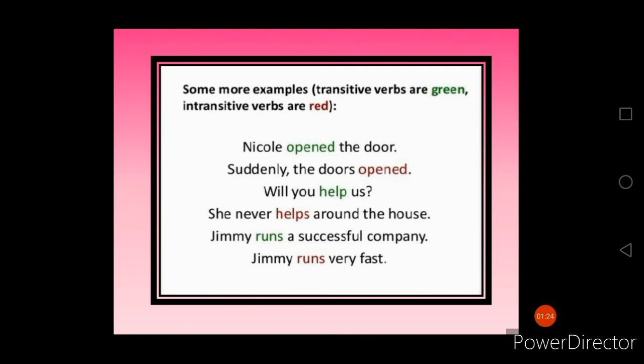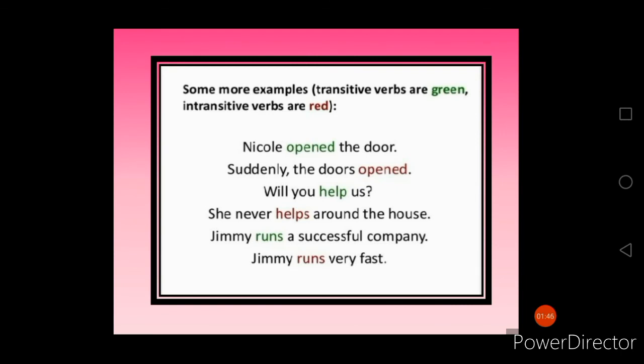Will you help us? It is an interrogative sentence. Here what is the verb? Help is the verb. After this an object is present, is it? So help is a transitive verb. Very good. See the next example. She never helps around the house.